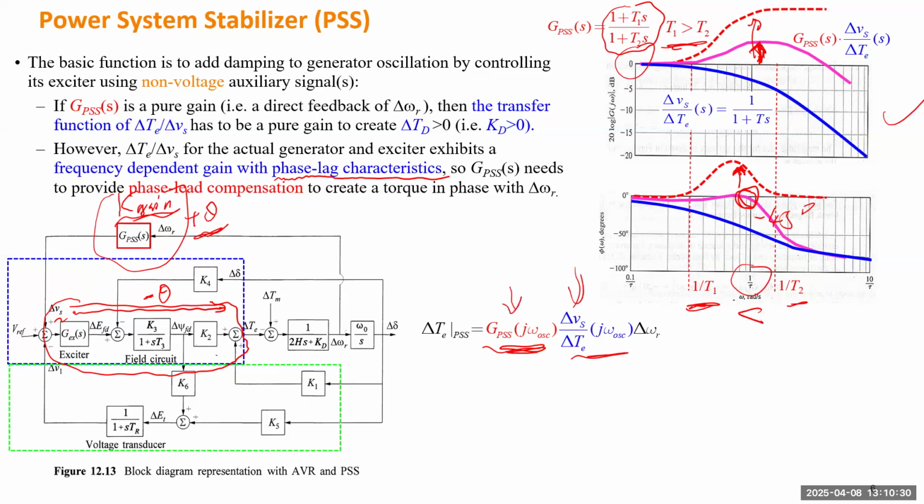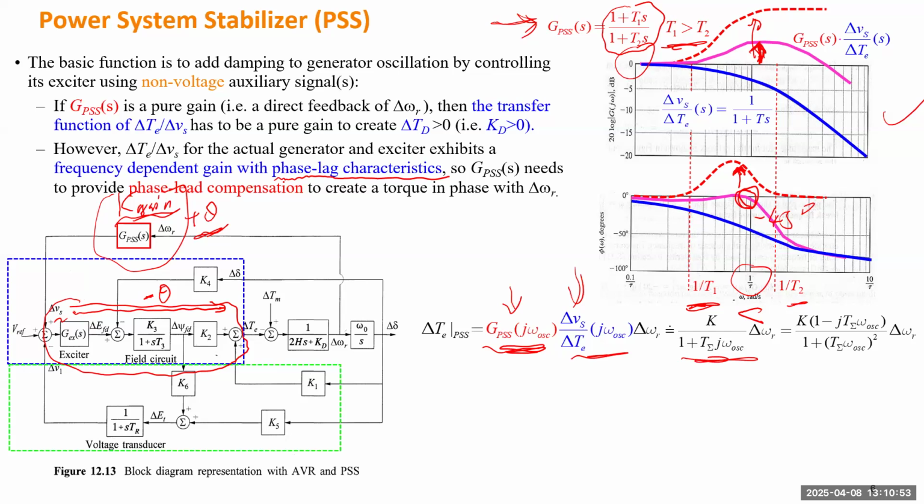Now you just need to design this one, the minimal implementation, basically just 1 zero and 1 pole by using tau 1, tau 2. Okay, so you plug in the transfer function of the blue one and the red one. So you do some simplification. Finally, you will have something like this one.